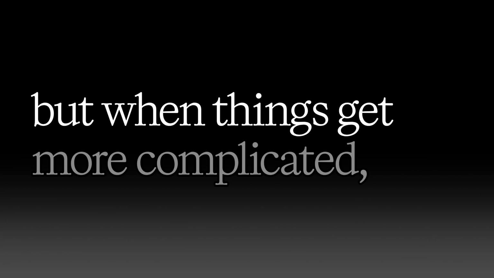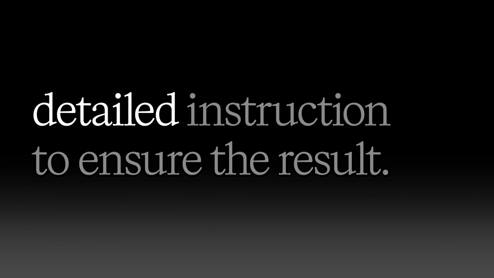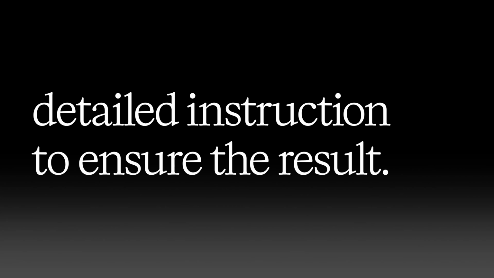But when things get more complicated, please make sure you have more detailed instructions to ensure the result, unless you are just exploring. There is no one-size-fits-all formula. It takes time to test and adjust.